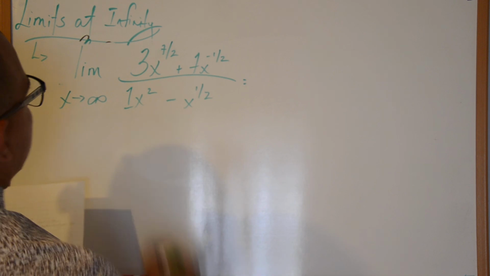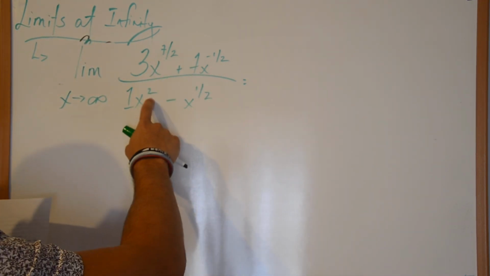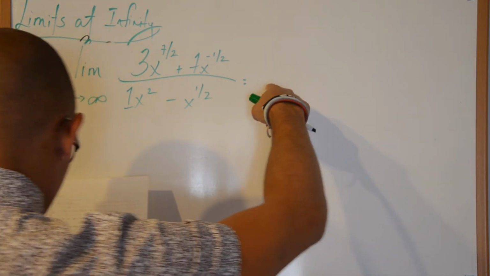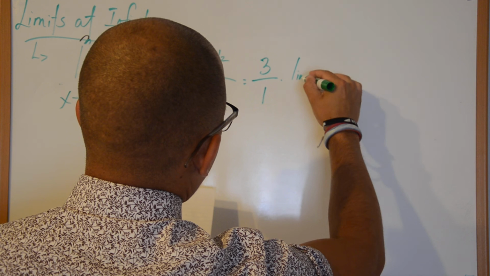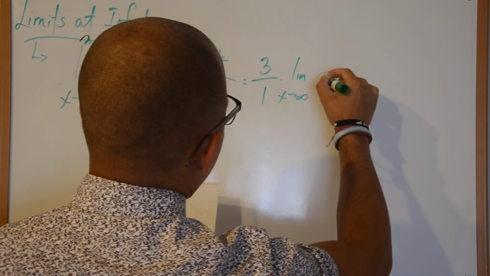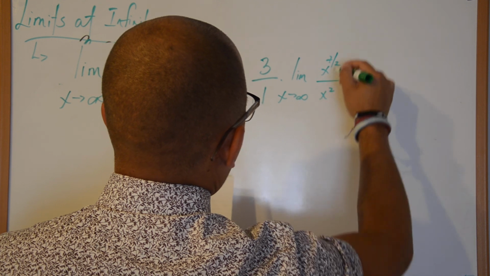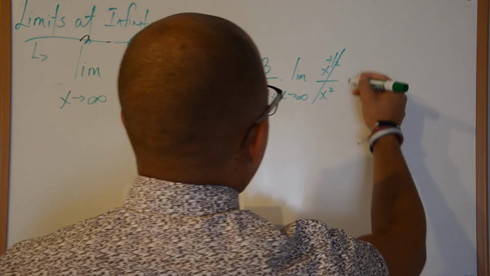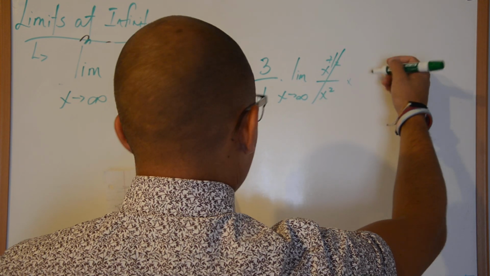Boom, remember there's an imaginary 1 here. This is a 3.5, that's a 2. So we have 3 divided by 1 times the limit as x approaches infinity of x to the 7/2 over x squared, which is going to be really x to the 3/2.